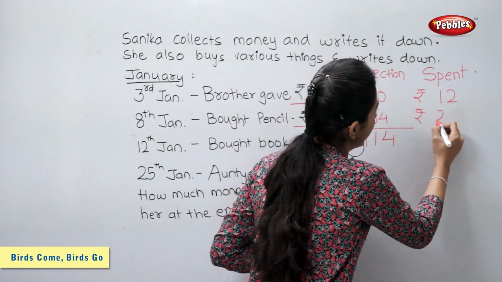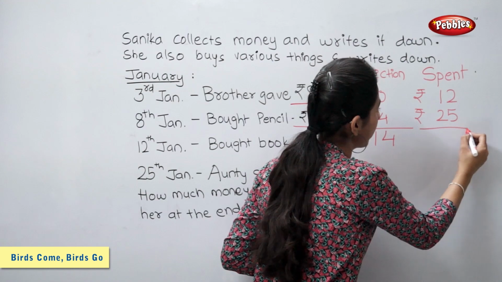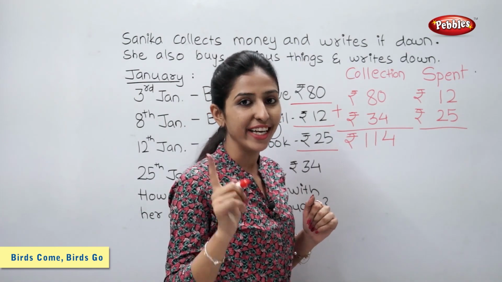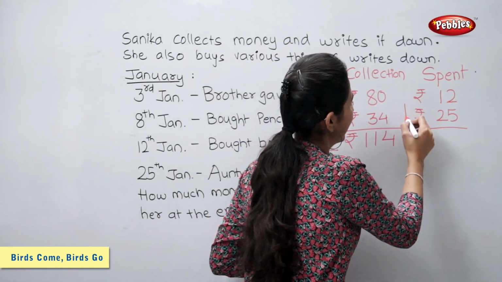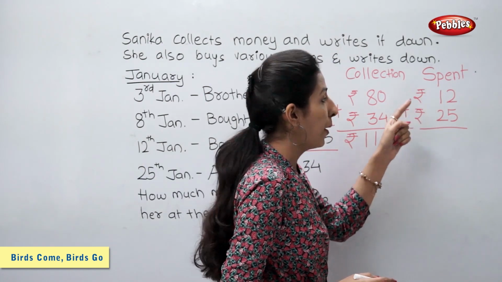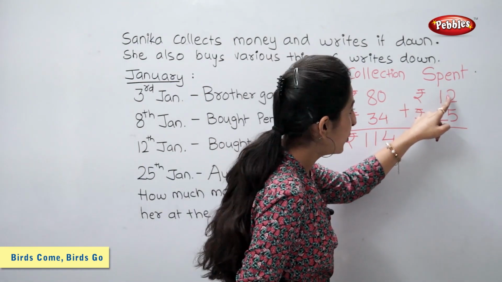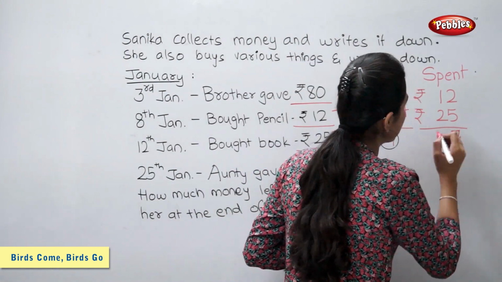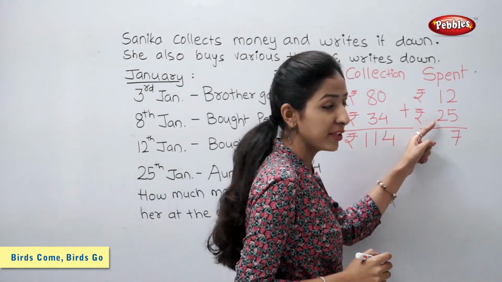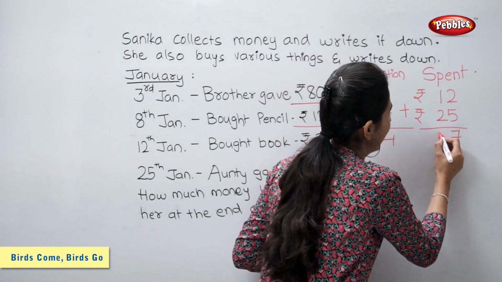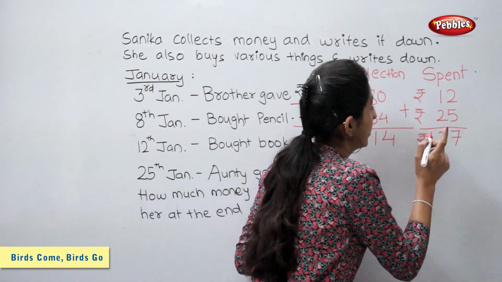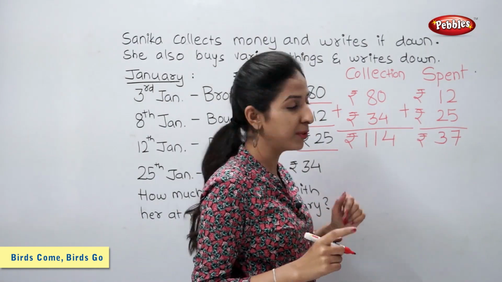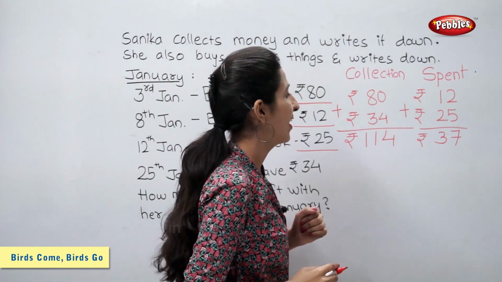Now, to find out the total amount spent, let us add. 12 plus 25. 2 plus 5 is 7. 1 plus 2 is 3. So, rupees 12 plus rupees 25 is equal to rupees 37.